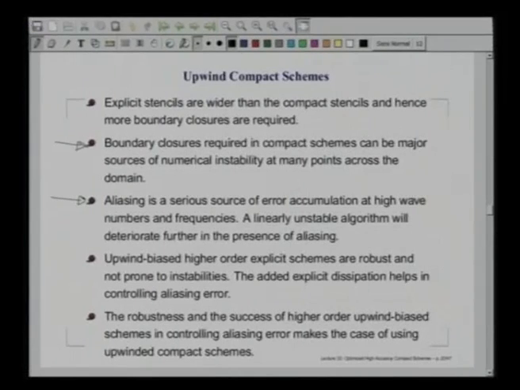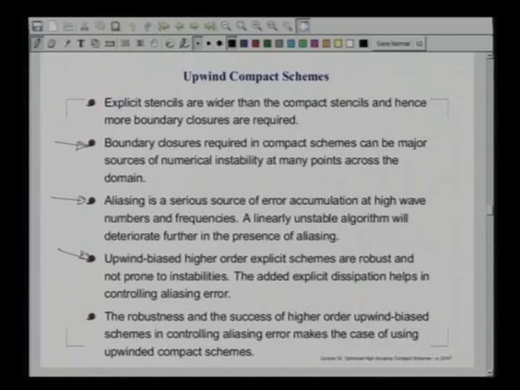What we need to do is add upwinding, and when we do the upwinding, we notice that it should be more effective at high wave number. That will also take care of the aliasing problem that we talked about, since it is essentially a high wave number operation.